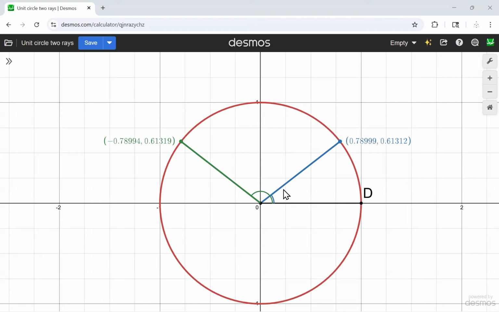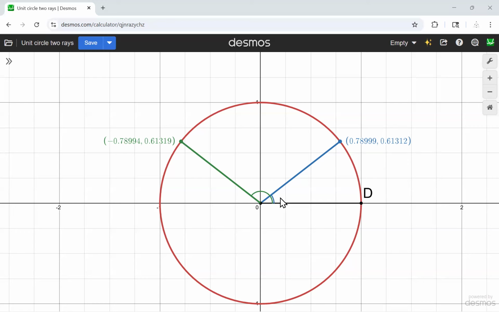If my beta were this blue angle here, then we'd hit this point on the unit circle whose sine value, that's the y value on the unit circle, is about 0.613.